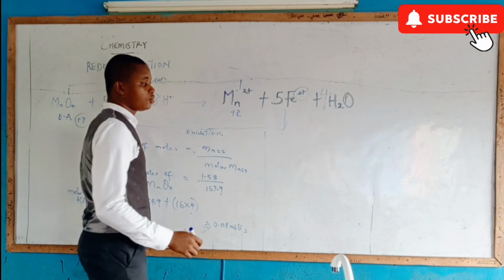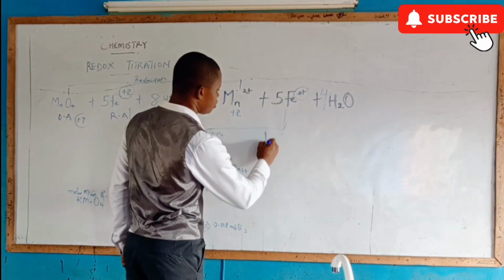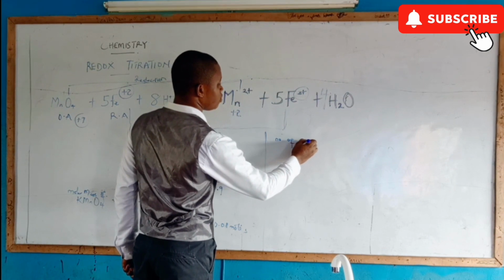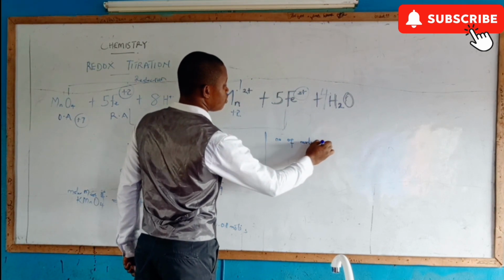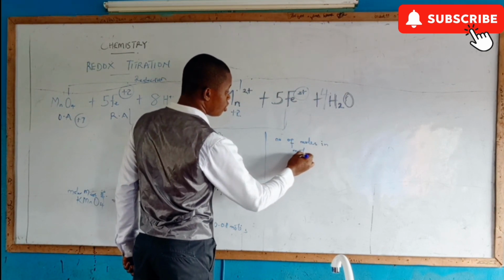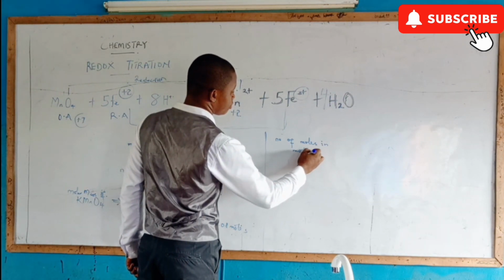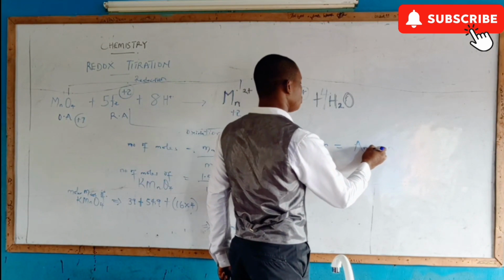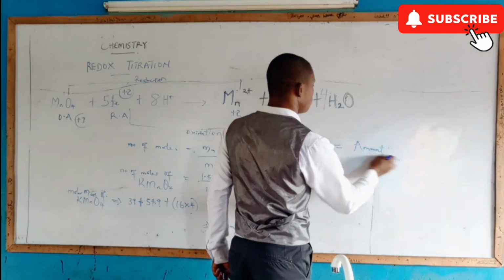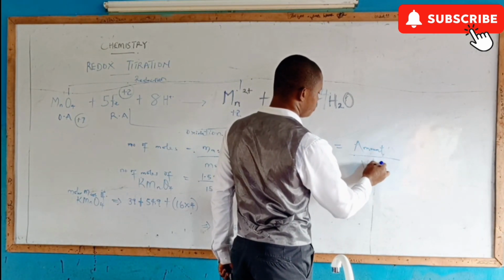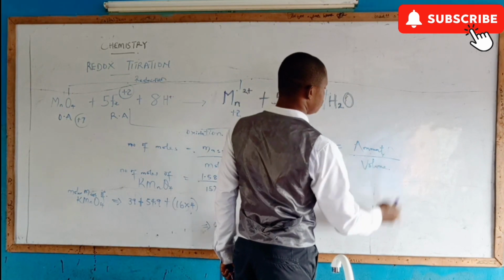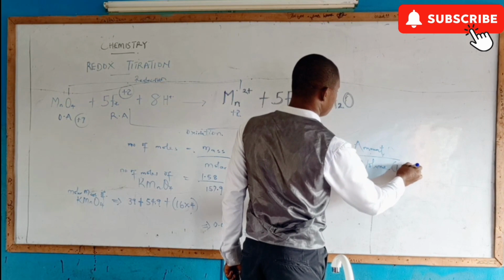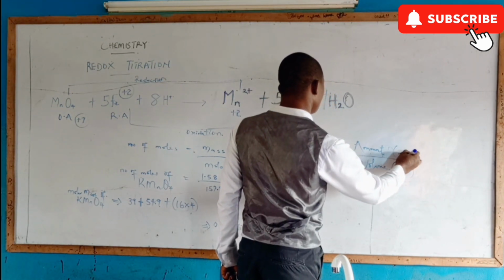Back to our formula again. It is important to remember that the number of moles in mole per dm cube is the amount over the volume. And the volume you're referring to is 1 dm cube, and this is in moles.